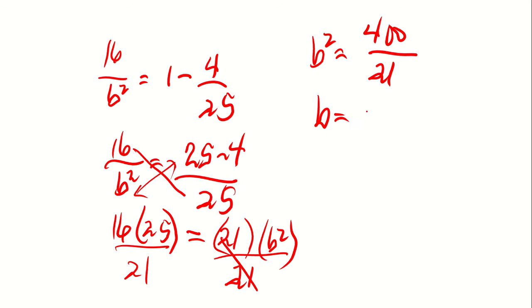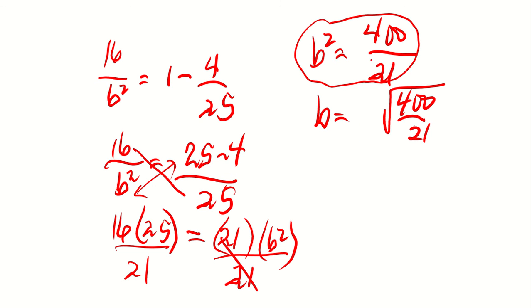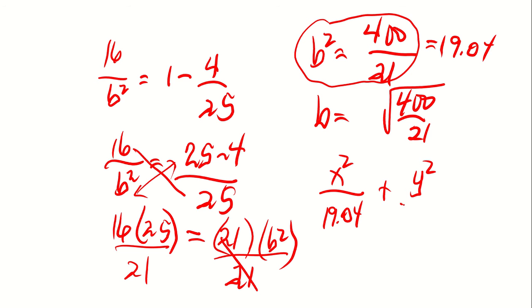So b is equals to square root of 400 over 21. Okay? So since this is a length, actually, ang kukunin lang natin is ang b squared. So ang b squared is approximately 400 divided by 21. That is equivalent to 19.04. So that means we have x squared over b squared, that is 19.04, plus y squared over ang ating a squared ay 25, then that is equal to 1.